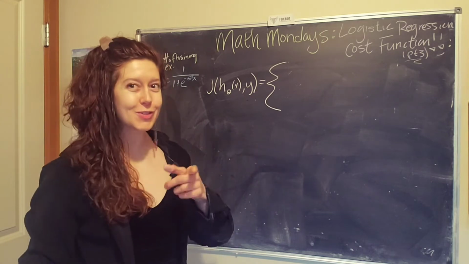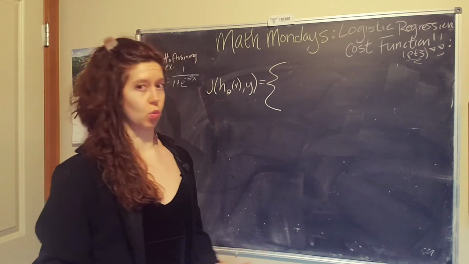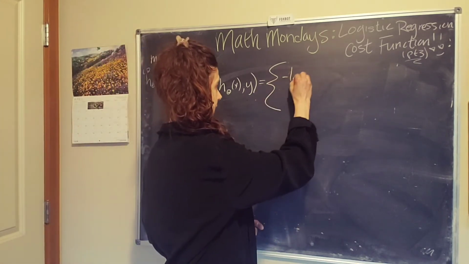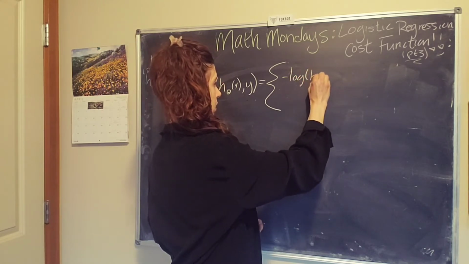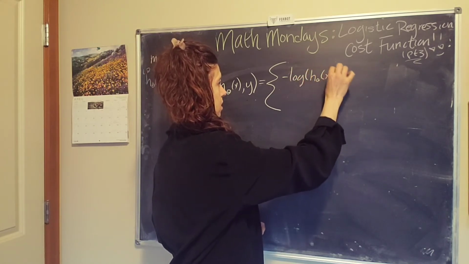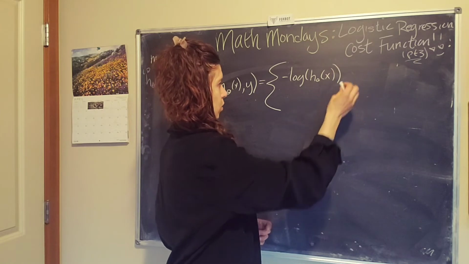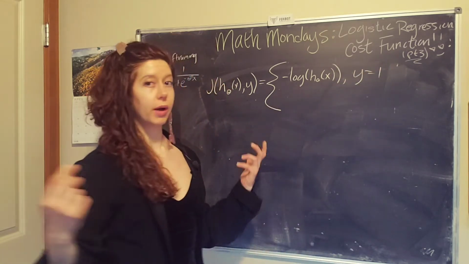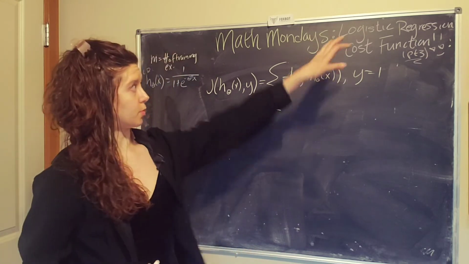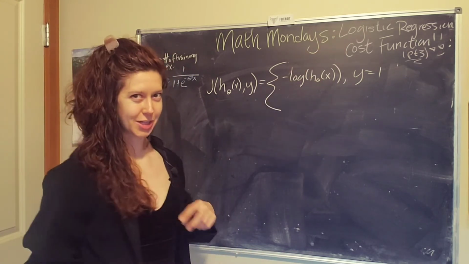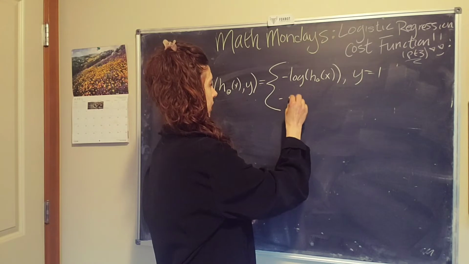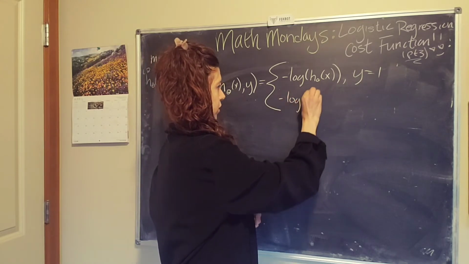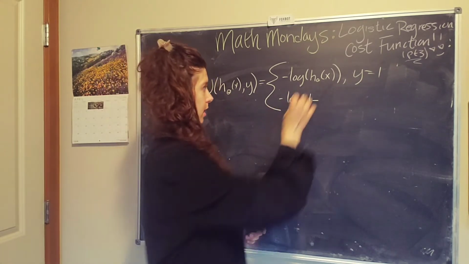So the first part is if y equals 1, we're going to use a negative logarithmic function of our hypothesis function, like so. And if y equals 0, which is the other option in our binary logistic regression exploration, we're going to have a negative logarithmic function of 1 minus our hypothesis function.